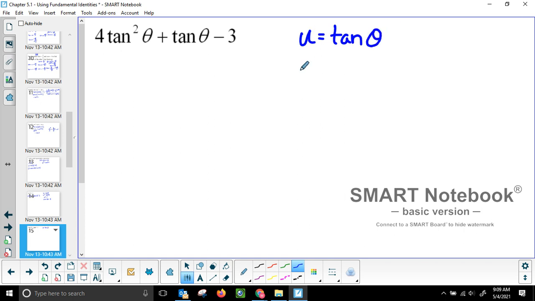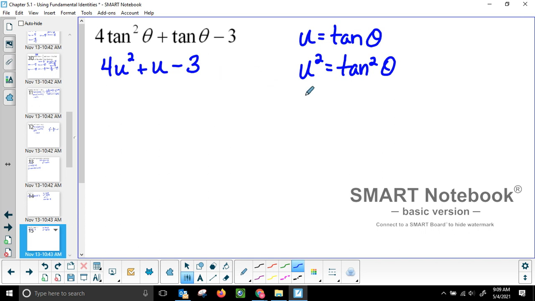Therefore, we know that u squared would equal tangent squared theta. So we substitute that back in, and now this is 4u squared plus u minus 3. This looks just like a nice ordinary quadratic.